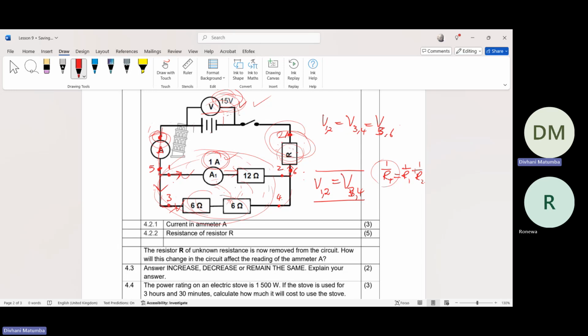So that's why, given that we have an unknown resistance, I didn't bother starting by doing the calculation with the 15 volts, because I have an unknown resistance. So I just went straight to my 12 ohms.